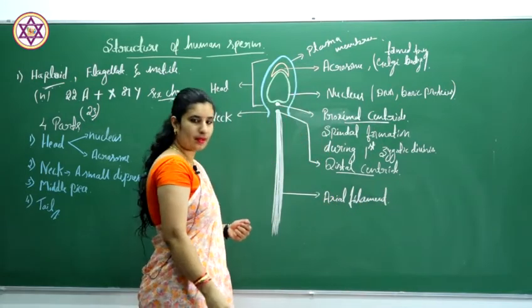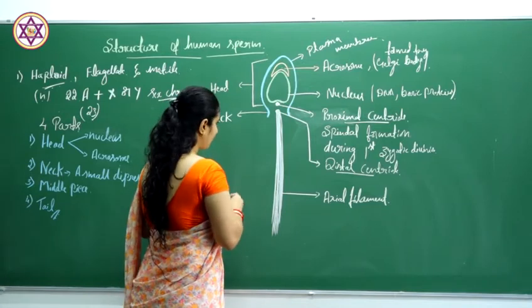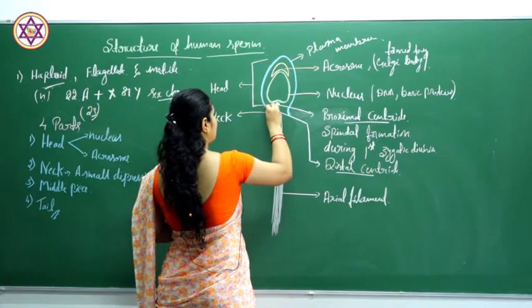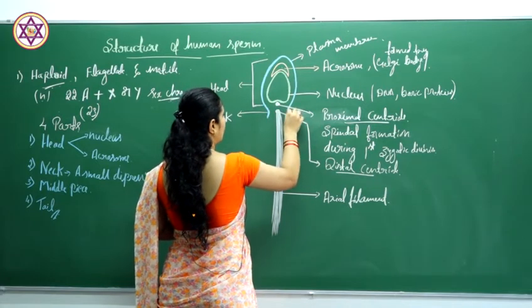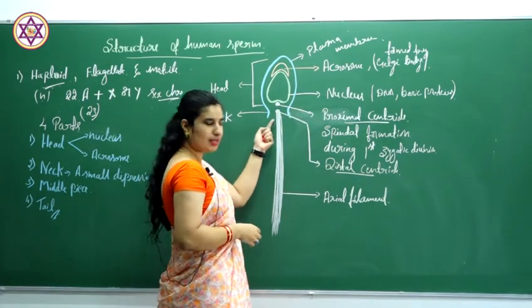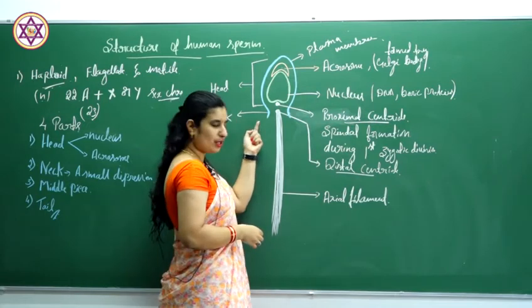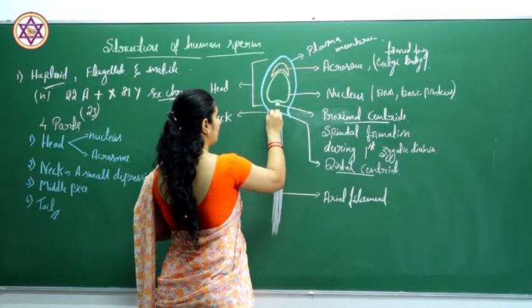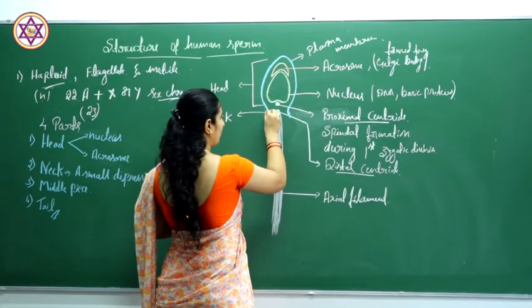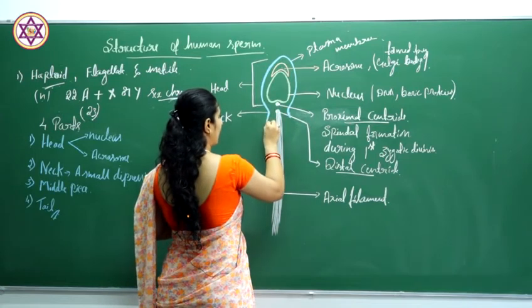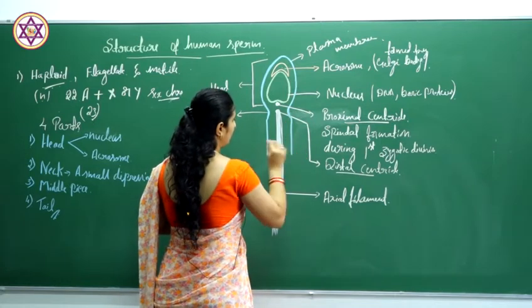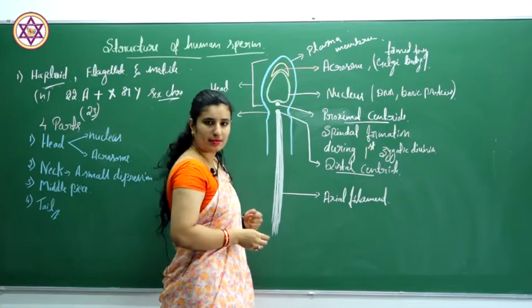Okay, and here this depression is called the neck part or the neck region, followed by a slightly swelling, narrow structure, not as much as the head is.